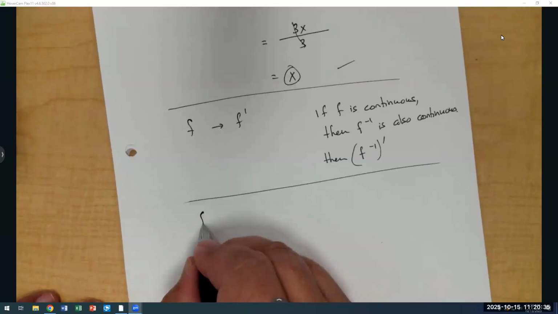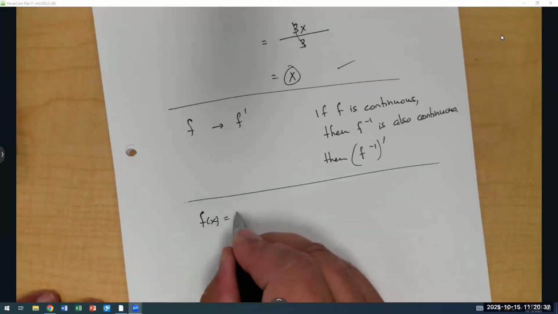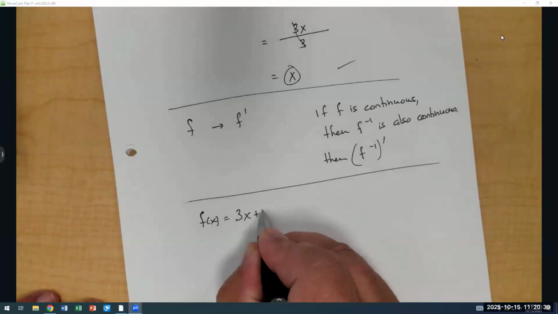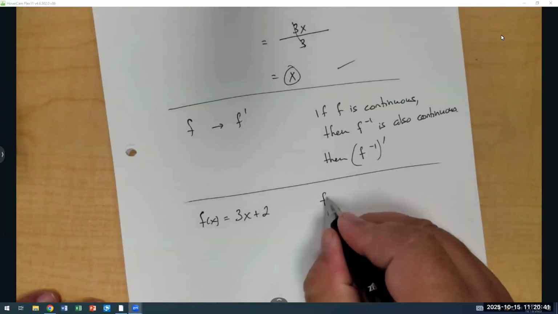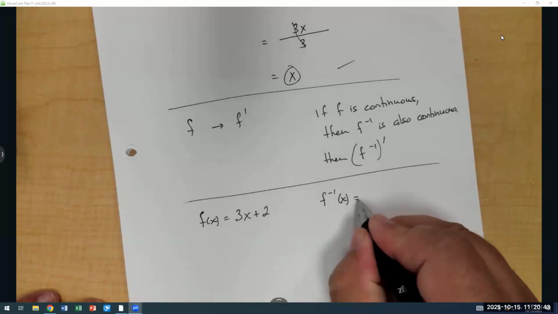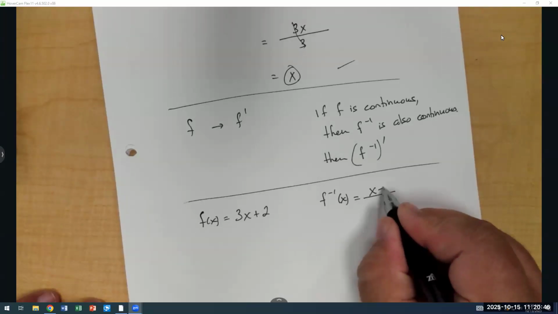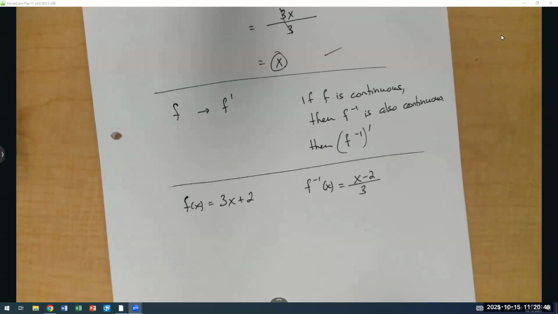Oh, real quick. The last example that we had, 3x plus 2. The inverse was x minus 2 over 3. True? These are both linear equations, aren't they?